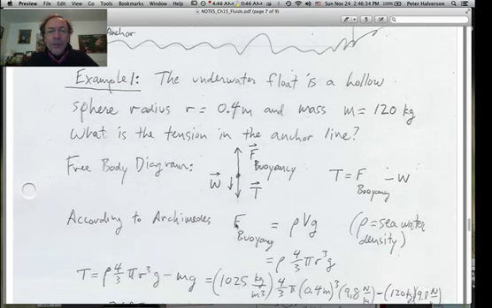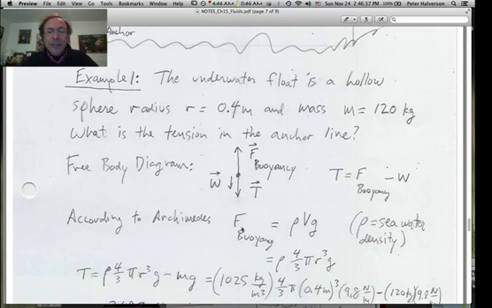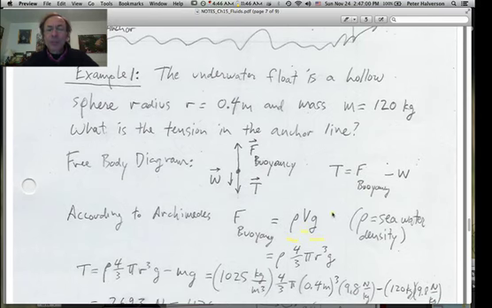So first, according to Archimedes, the buoyancy force is going to be the density of the water, which is rho, times the volume of water times gravity. So it's basically the weight of the volume that's been displaced by the float, the volume of water that's been pushed aside by the float.